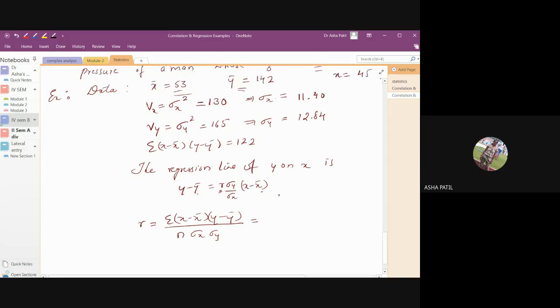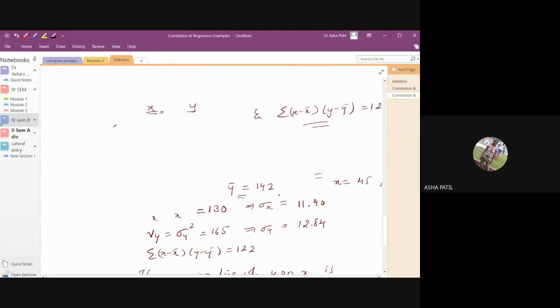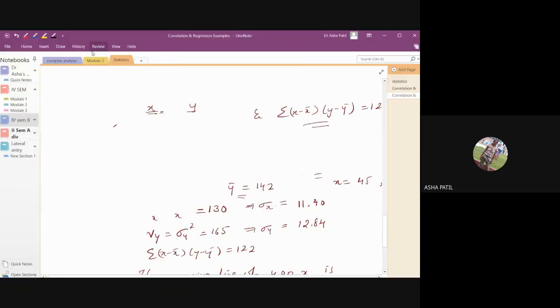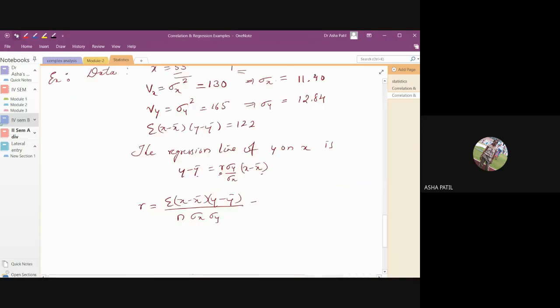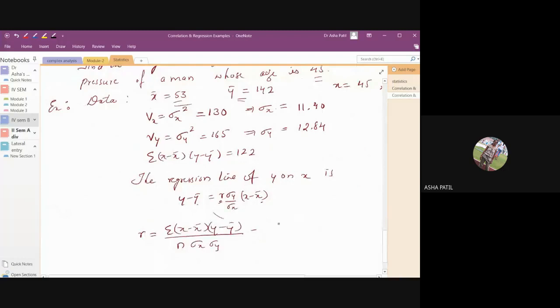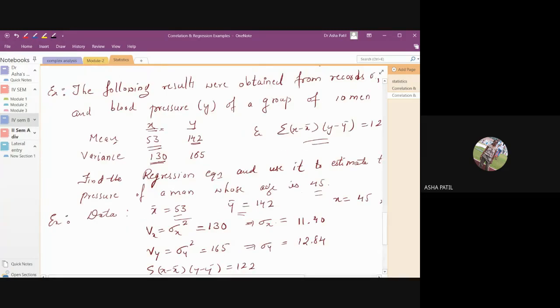How much is the summation of x minus x bar and y minus y bar? It is 122.